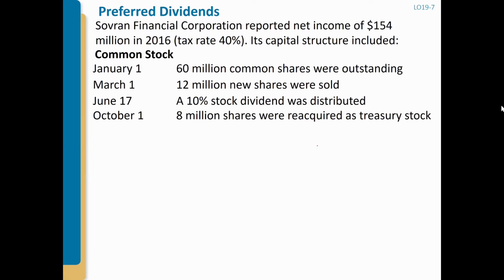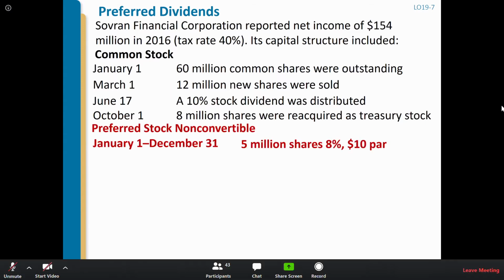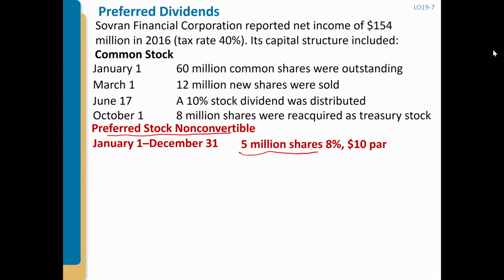Just like the previous example, but now we have one more thing: a preferred stock. This preferred stock, we have 5 million shares and 8%. Remember, 8% is the dividend rate, and the $10 per share par value. So this is the preferred stock.